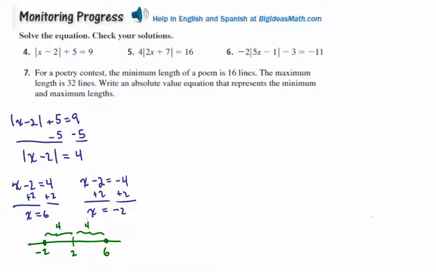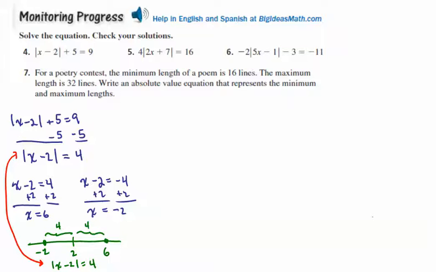The distance from 2 to 6 is also 4, and so we would end up with the equation absolute value of x minus the center is equal to the distance from the center. The distance from the center being 4, and that would bring us back to our isolated equation.